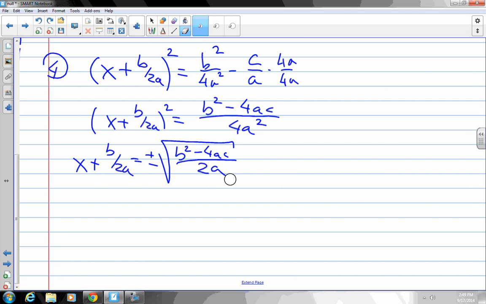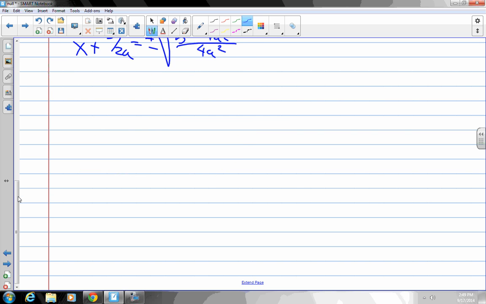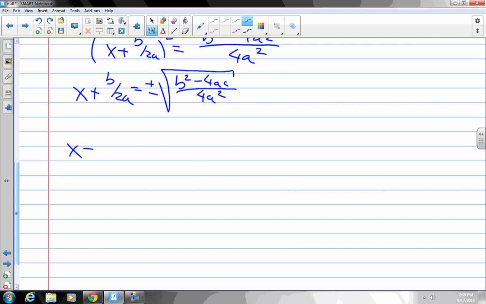I'm jumping a little bit ahead of myself. Now, can I take the square root of that denominator? 4a squared, what's the square root of that? 2a. Now, technically, it's two absolute values of a, but since this whole thing is plus or minus already, who cares? Right?